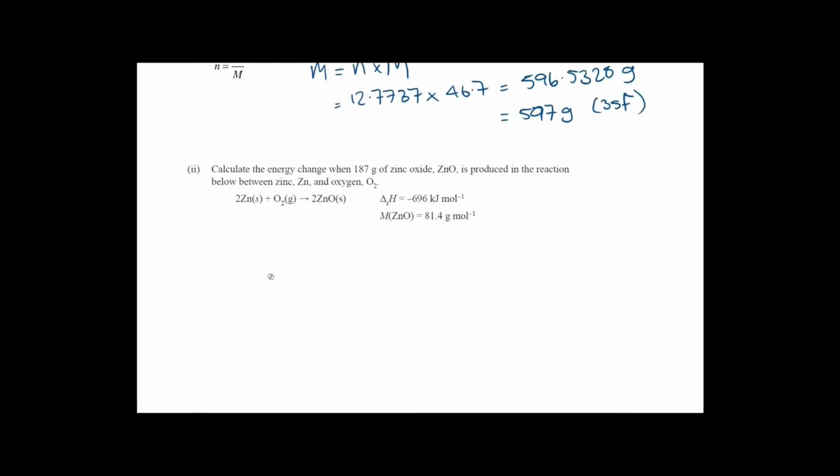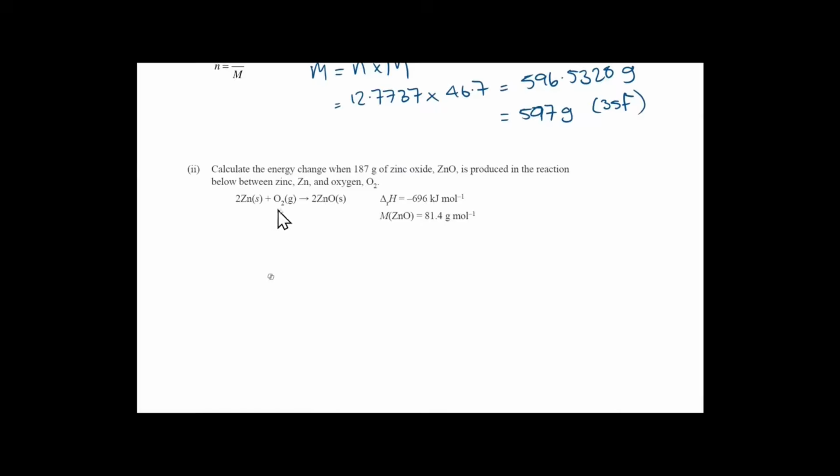Continuing on with the thermochemical calculations here, we're told to calculate the energy change when 187 grams of zinc oxide, ZnO, is produced in the reaction below between zinc and oxygen gas. So it's another combustion reaction.